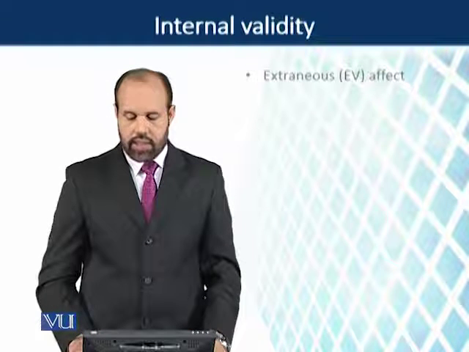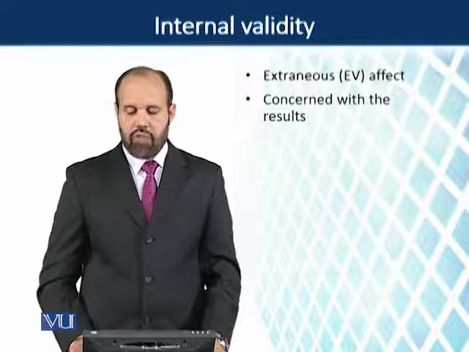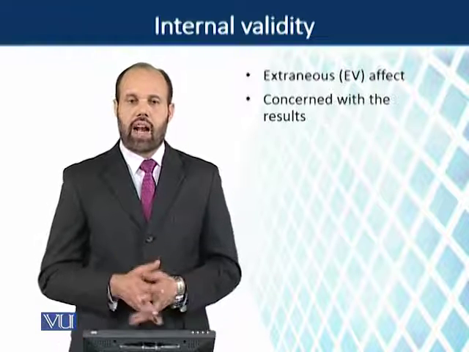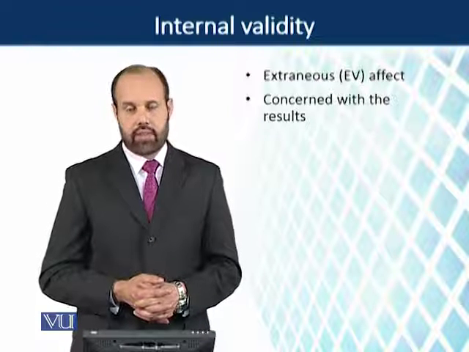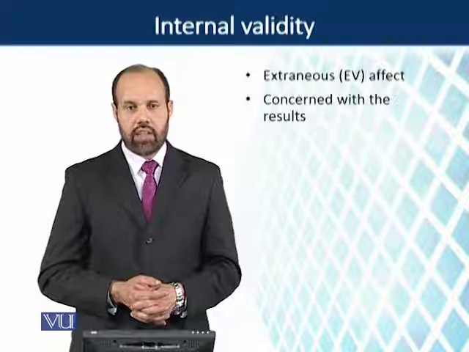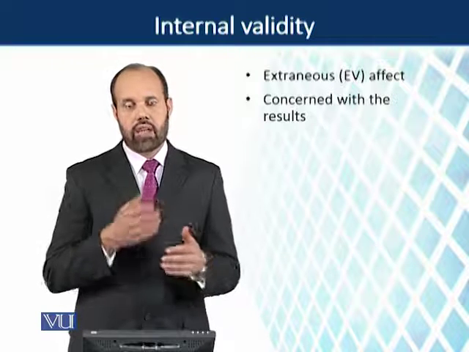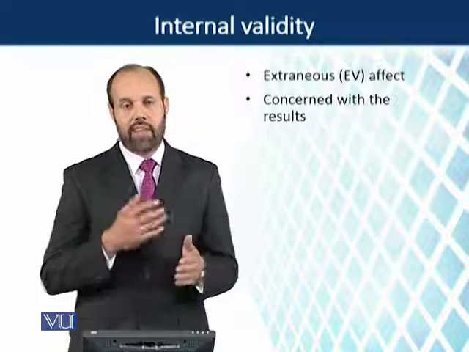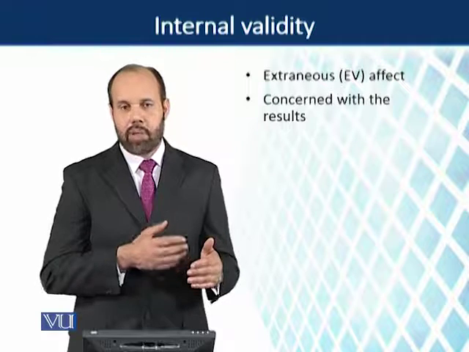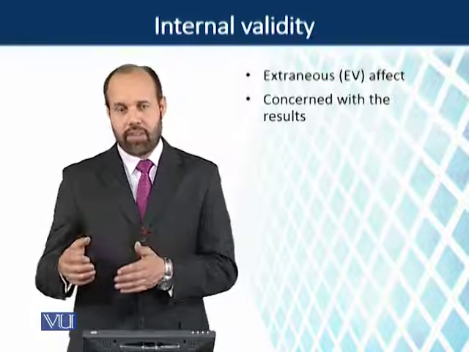Further, in order to understand internal validity, we must know that at times there are extraneous variables, and extraneous variables are confounding variables which may intervene and bring change in the dependent variable, right?